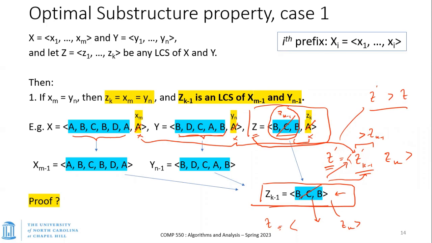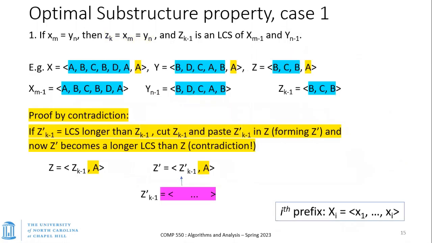Okay, so that's pretty much the standard proof in, I would say, all or the vast majority of dynamic programming proofs: you do a cut and paste, and then you show that there's a contradiction. So this is what we've just done, and just to show it to you in a slightly more formal way, you've taken the original z, and you replaced zk minus 1 with z prime k minus 1, which is assumed to be longer.